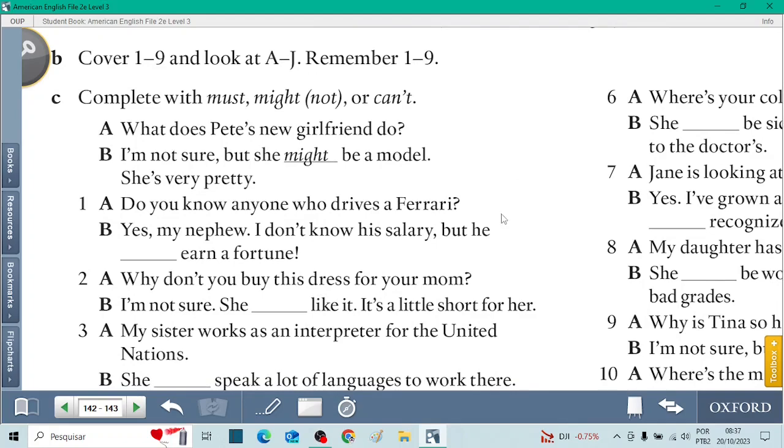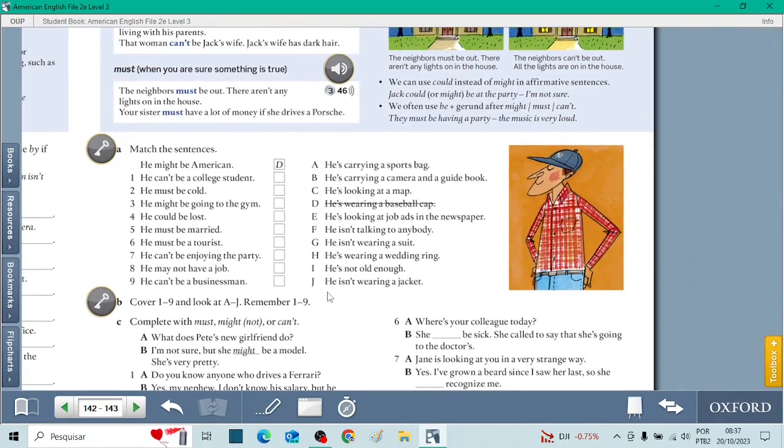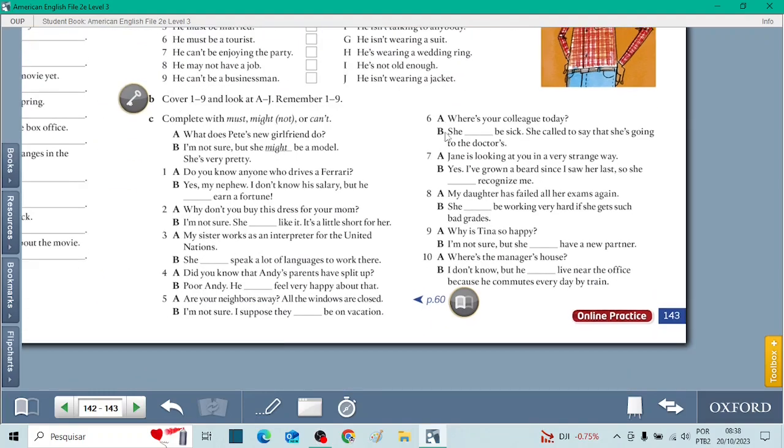Remember 1 through 9. Here in letter B, it's also about letter A. You will cover the first sentences, look at the letters, okay, and try to remember the previous sentences.